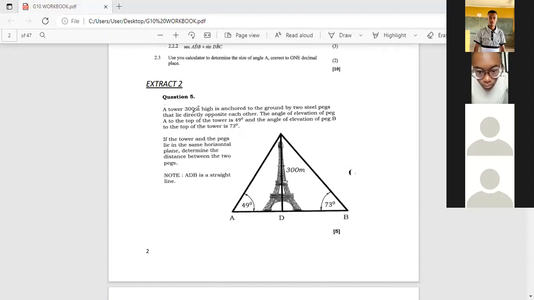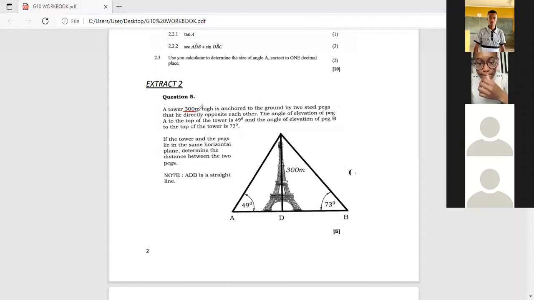A tower is 300 meters high. It is anchored to the ground by 2 steel pegs that lie directly opposite to each other.